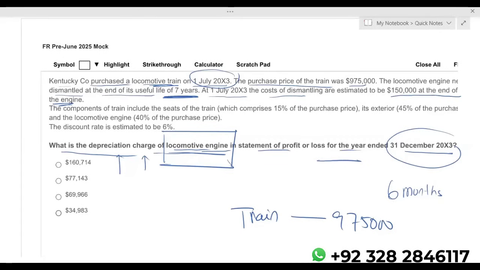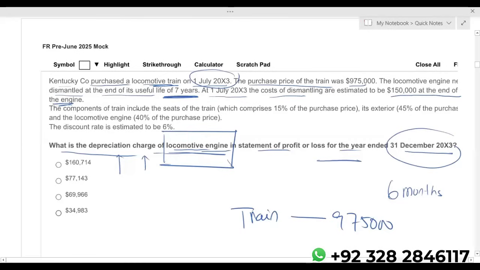I'm not going to dismantle the whole train. So this dismantling cost belongs to that engine. Whatever the present value comes to, we will debit the engine and credit the provision.